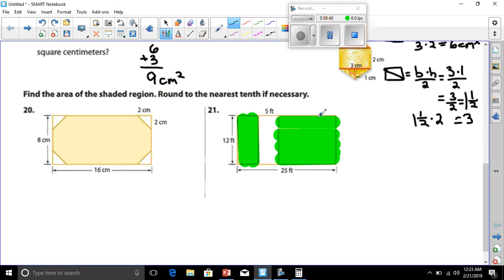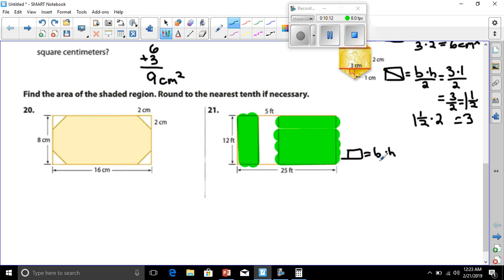Well, first of all, we can't really tell what these dimensions are, but we can see what the whole rectangle is. And the whole rectangle is 25 feet by 12 feet. Well, we know the area of any rectangle, right, equals base times height.